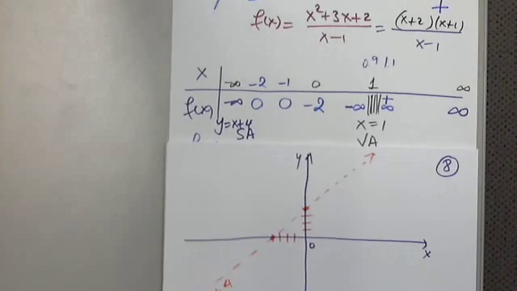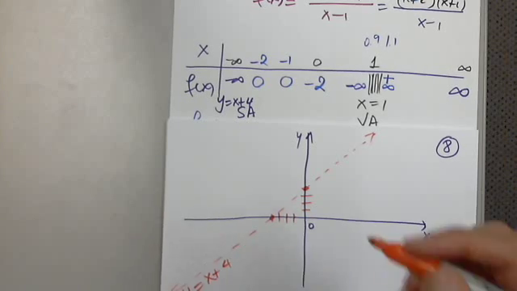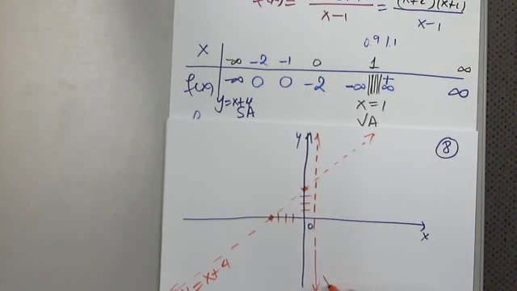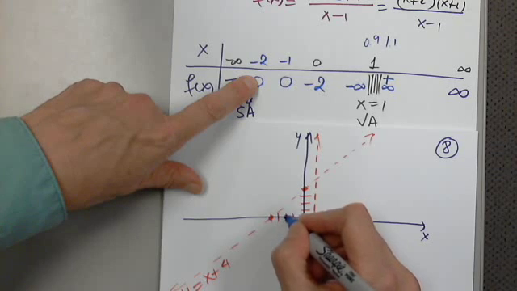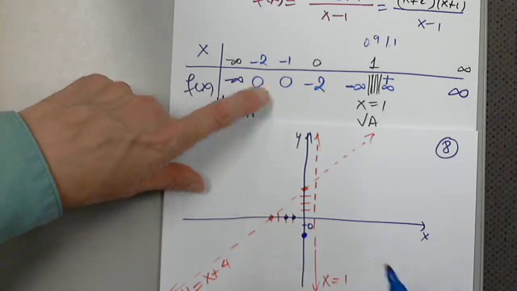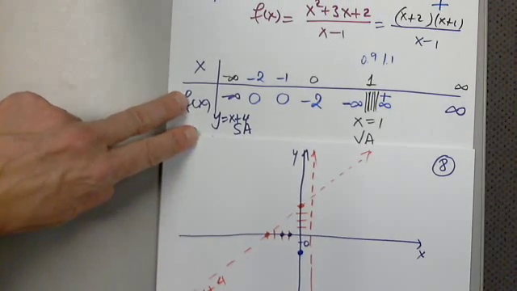Which other asymptote do I have to graph? Yes. Let's graph the vertical asymptote, which is at 1. Ready? I will have to plot negative 2, 0, negative 1, 0, and 0, negative 2. So let's see what the table is telling us to do.